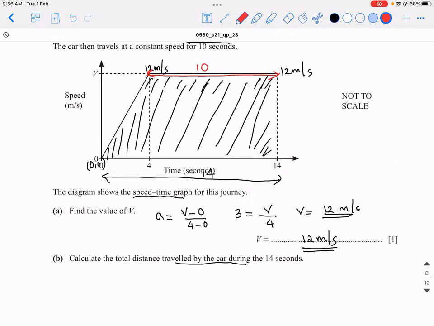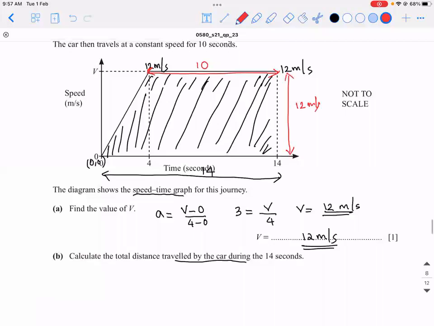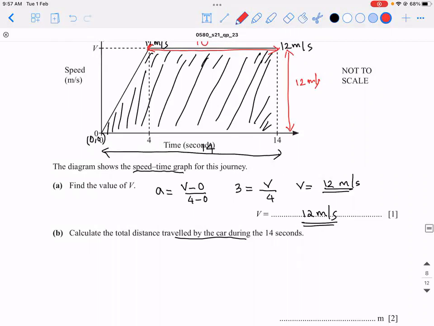And what about the height? The height is 12, correct? 12 meters per second. So how to find the total distance, or how to find the area? That is going to be half times height, 12, multiplied by a plus b.